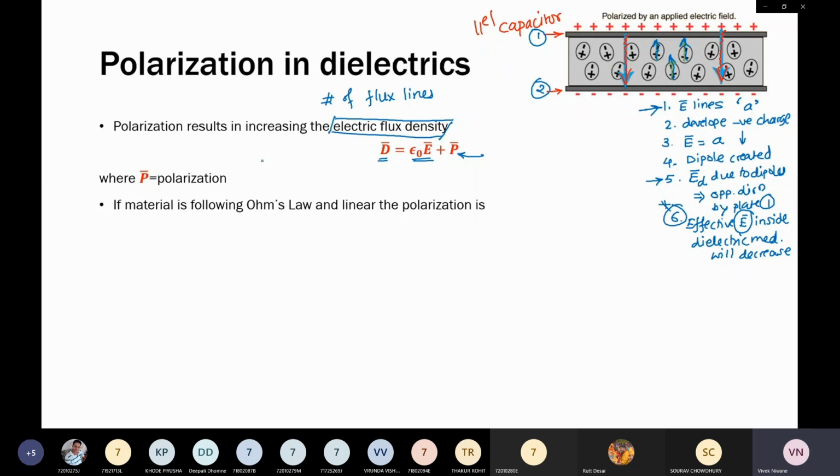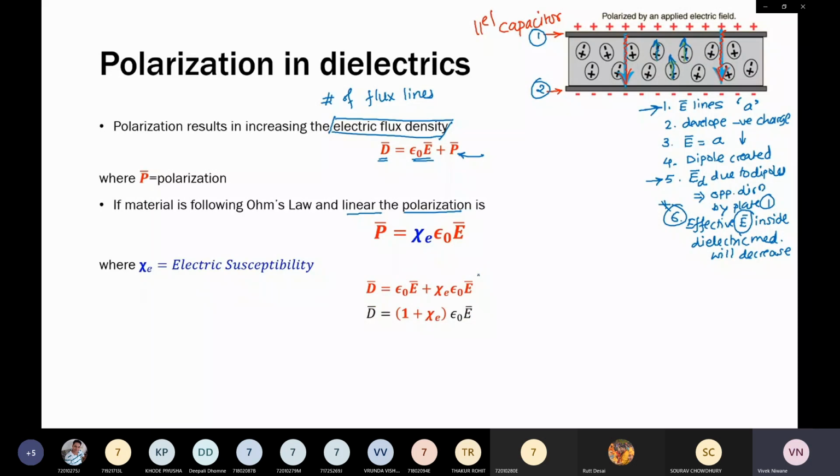If the material is following Ohm's law and is linear, meaning the material throughout exhibits the same amount of polarization, then we can say that polarization is equal to, let us say, chi e epsilon 0 E bar, where chi e is the electric susceptibility of the medium. Putting these values into the expression of D bar, we have D bar equal to epsilon 0 E bar plus chi e epsilon 0 E bar.